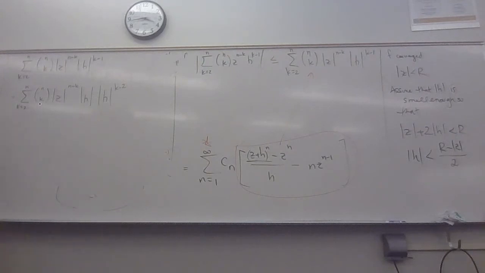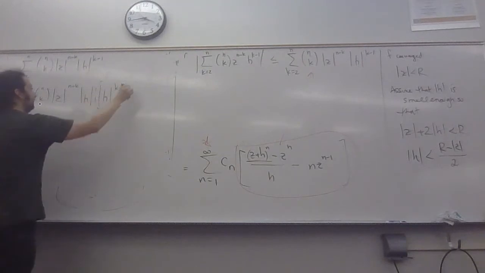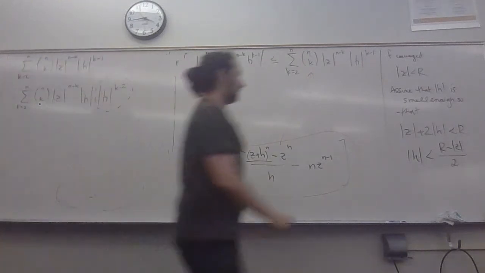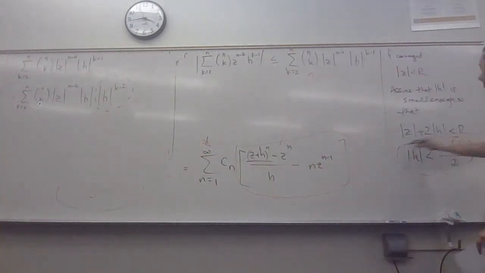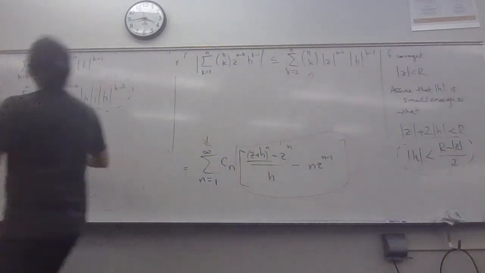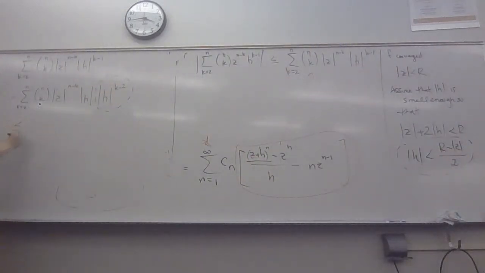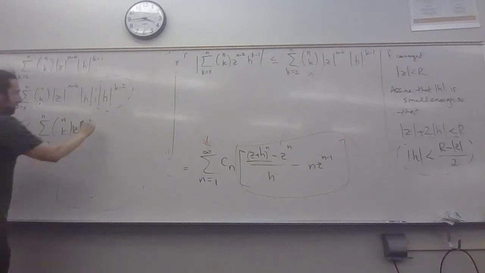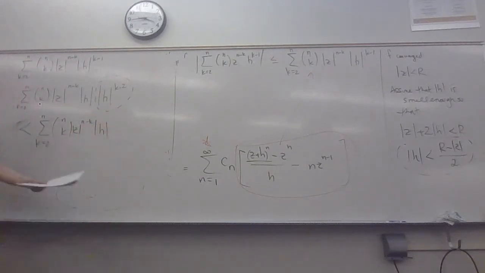Okay, now I'm going to take all of this stuff and replace it with this estimate. So this is less than or equal to, not even less, that's a strict. This is less than the sum from k equals 2 to n of n choose k, modulus of z to the n minus k, modulus of h, because why not keep an h in the problem? Something has to go to 0 eventually.